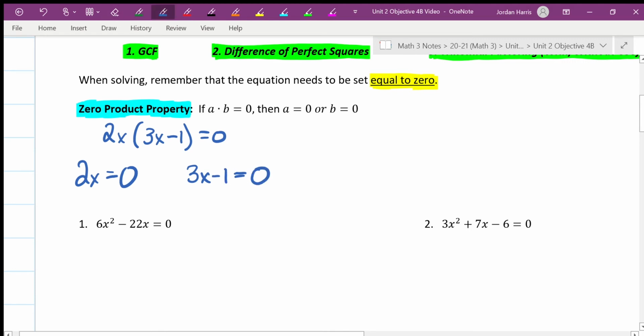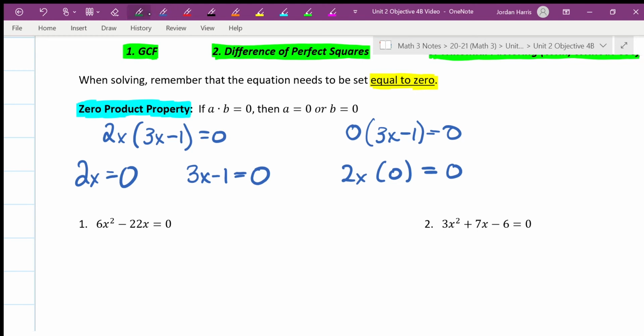As long as one of those is true, it will equal 0, right? Because if I take 2x and I plug 0 in instead, it would equal 0, which is what we want. Or if I took the 3x minus 1 and replaced it with 0, 2x times 0 is 0. So that is what the zero product property is telling us.